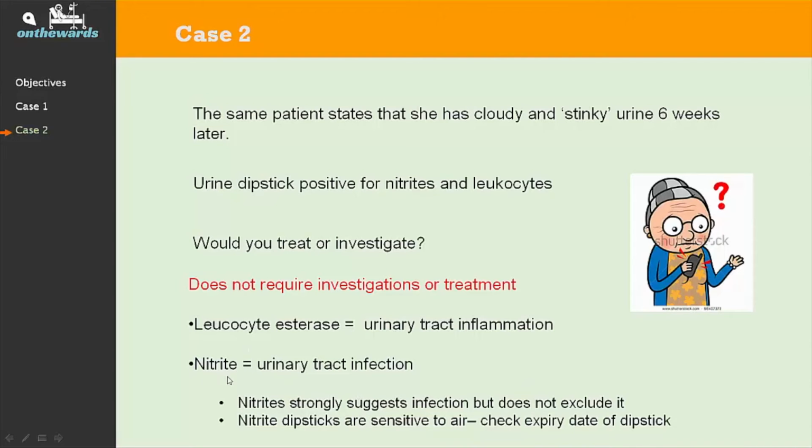All right, and what about nitrites? Well, nitrites really strongly do suggest a urinary tract infection, but it doesn't exclude it. So why do we even use nitrites? Well, nitrates are reduced to nitrites by gram-negative bacilli, which is in groups such as E. coli. And that's why we use nitrites. And with the gram-negative bacilli, they're very sensitive to gentamicin.